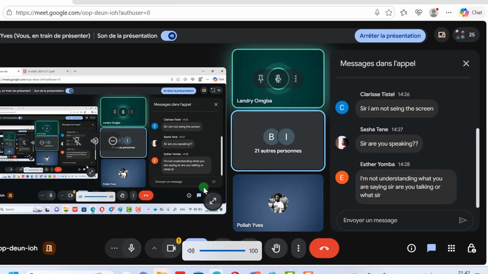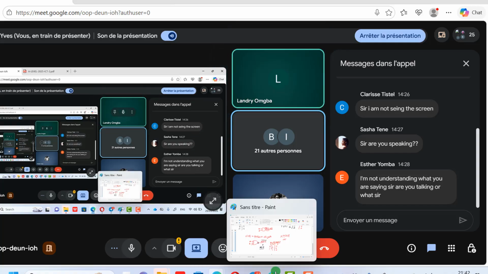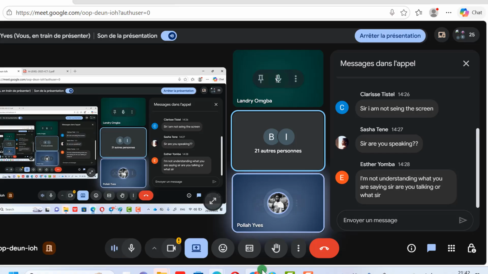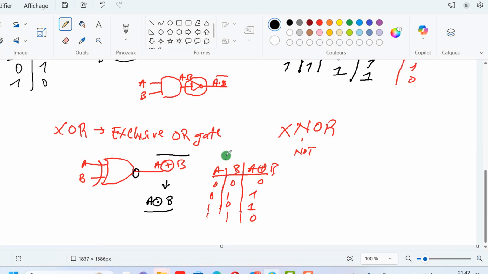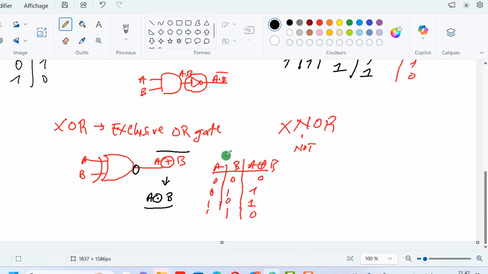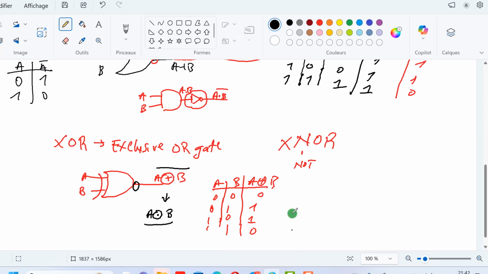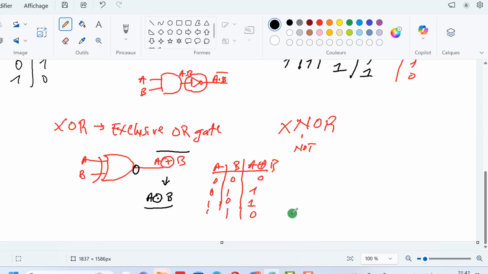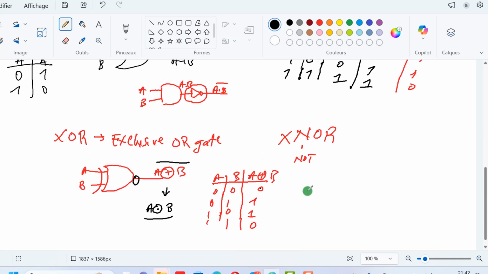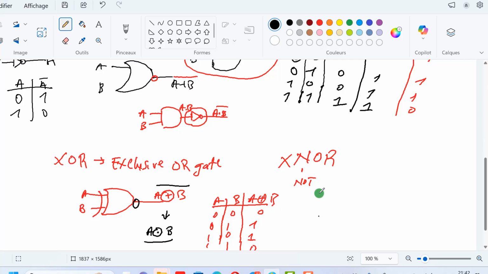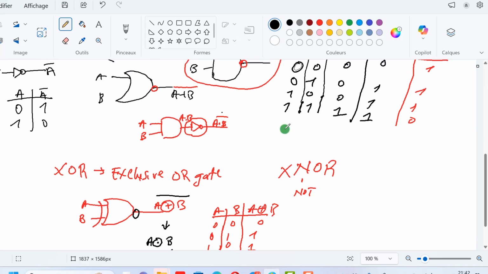I cannot see the computer. You cannot see the computer? How? I was explaining here. Are you seeing this page? No, sir, I'm seeing your photo now. You are not seeing my screen? I'm sharing my screen.